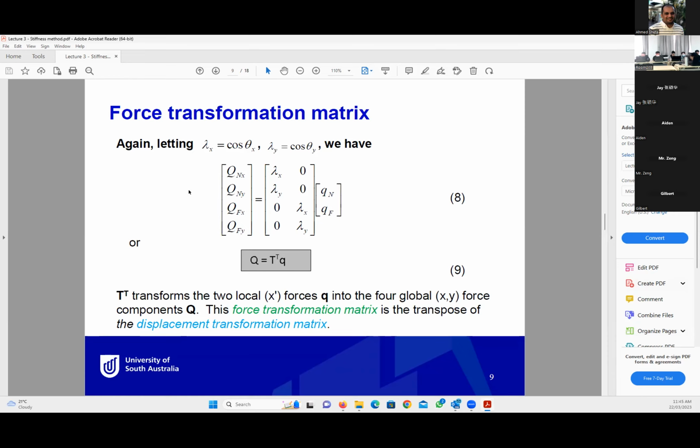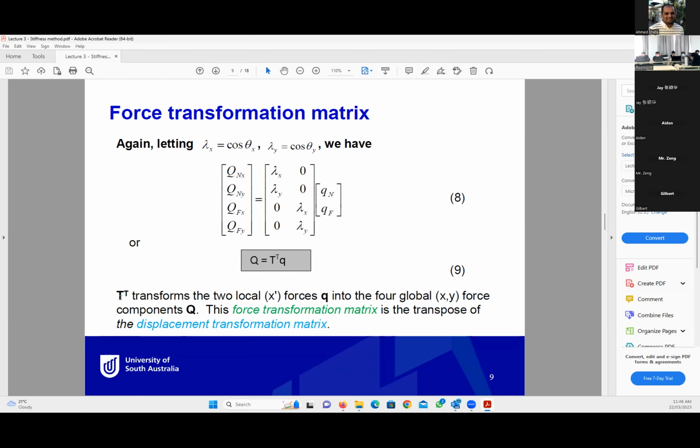In equation 8, we can write it as Q capital, the forces in global, equal to T transpose times Q, where Q small is the local forces.